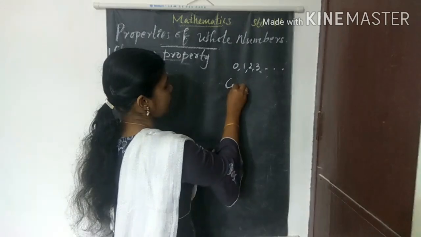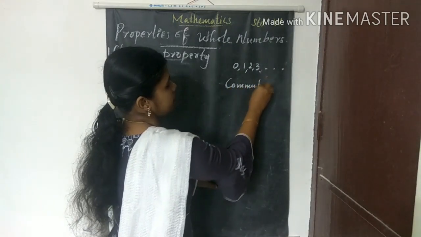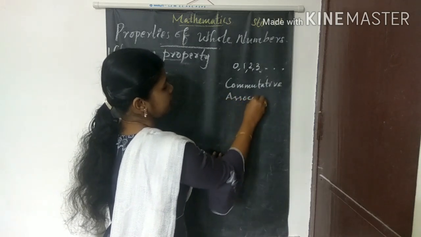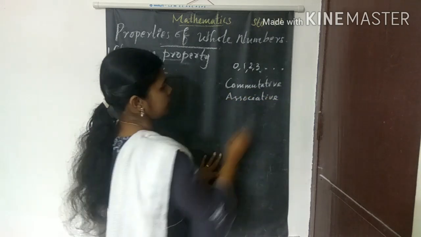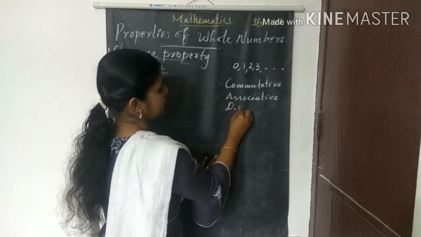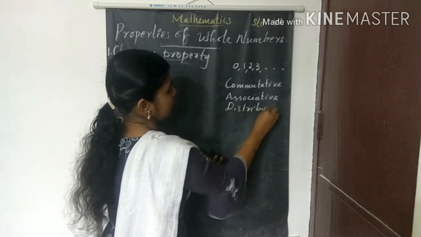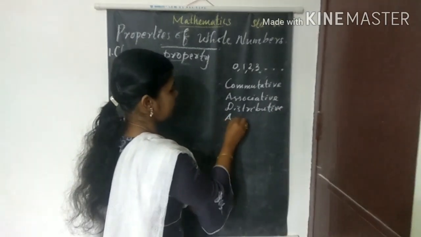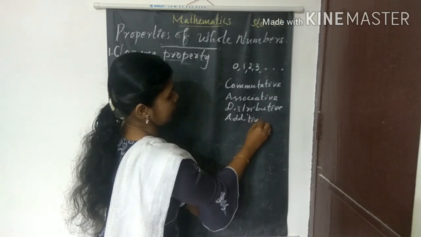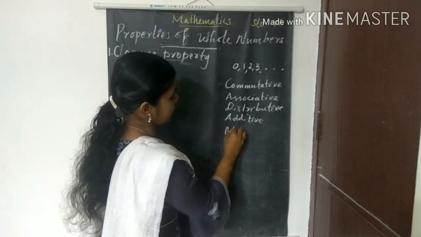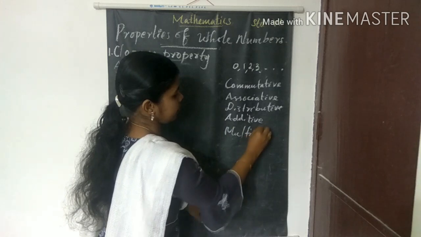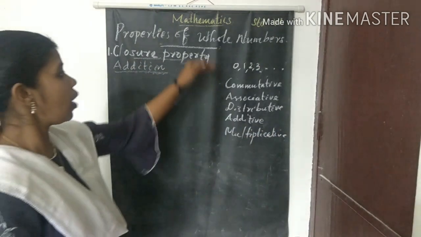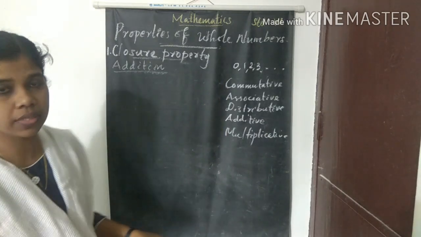Next, commutative property, associative, then distributive, then additive identity, then multiplicative identity, etc. These are the properties of whole numbers.